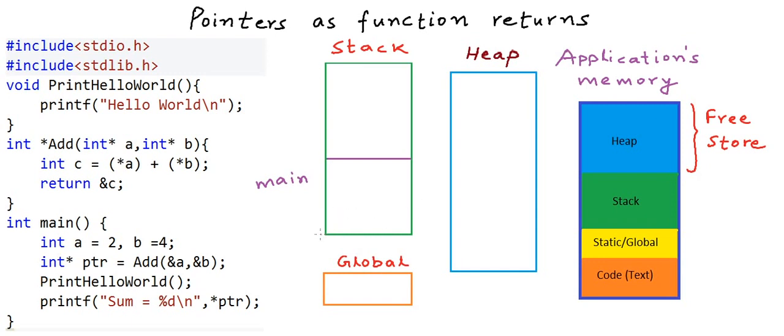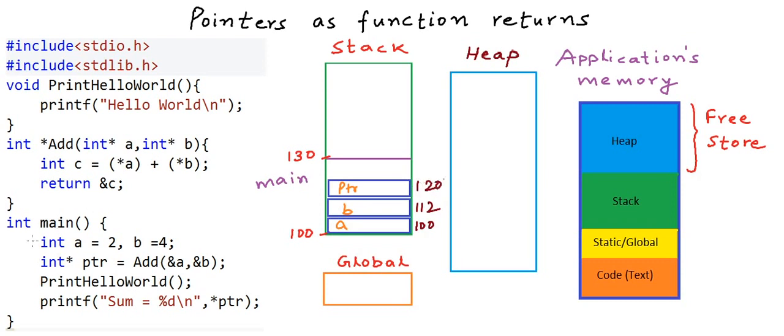Let's say the starting address of this stack frame is 100 and the end address of this stack frame is 130, and we will have three local variables created here: a, b and ptr. A and b are integers and ptr is an integer pointer. Let's say a is at address 100, b is at address 112, and ptr is at address 120. I'm just making these assumptions.